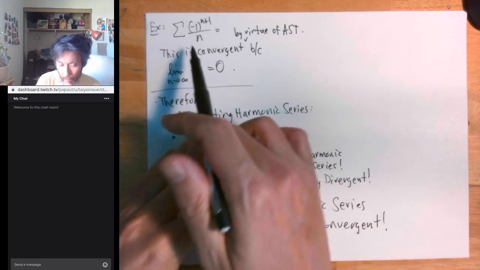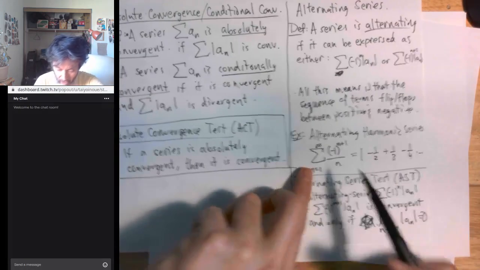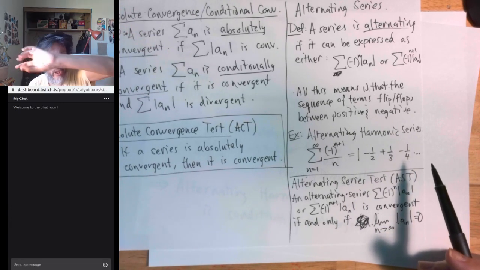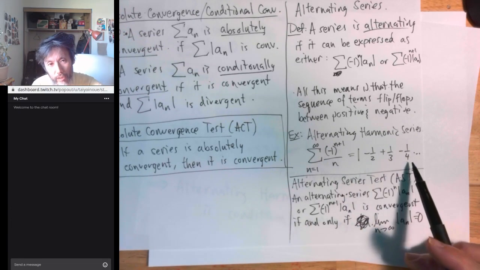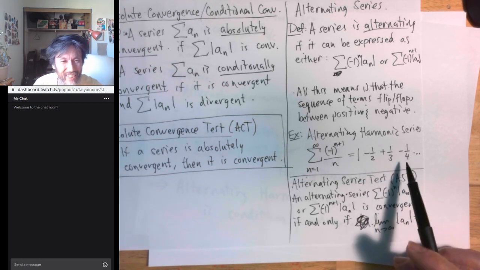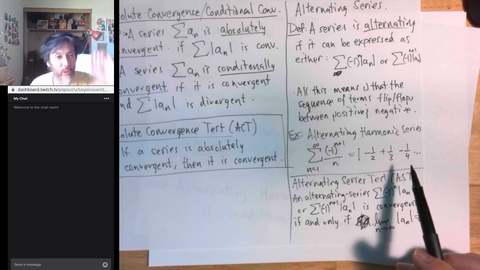Remember, this is the alternating harmonic series. Its terms look like this. You can rearrange the terms of this conditionally convergent series and obtain any number that you want. Literally any number that you want.